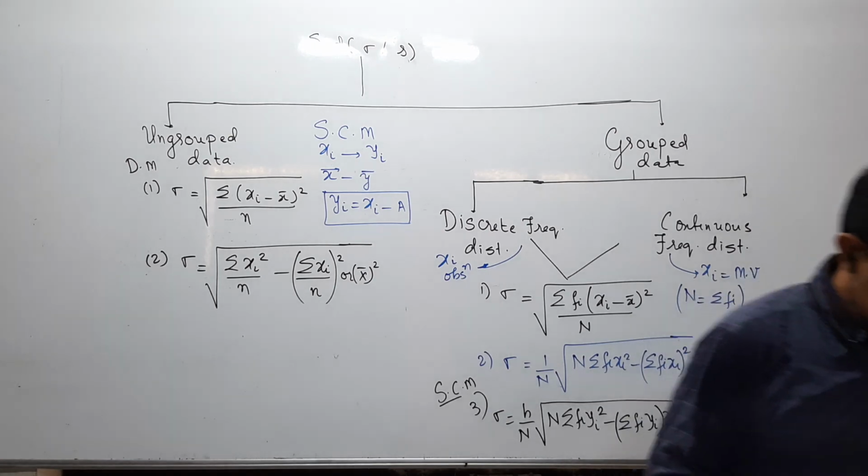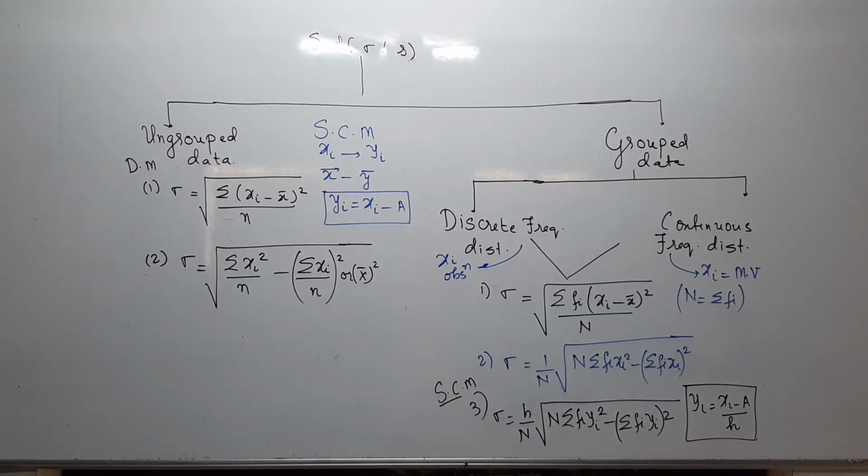So, students, this is the entire list of formulas for standard deviation which you have to memorize. And as far as group data is concerned, we always prefer shortcut method formula.